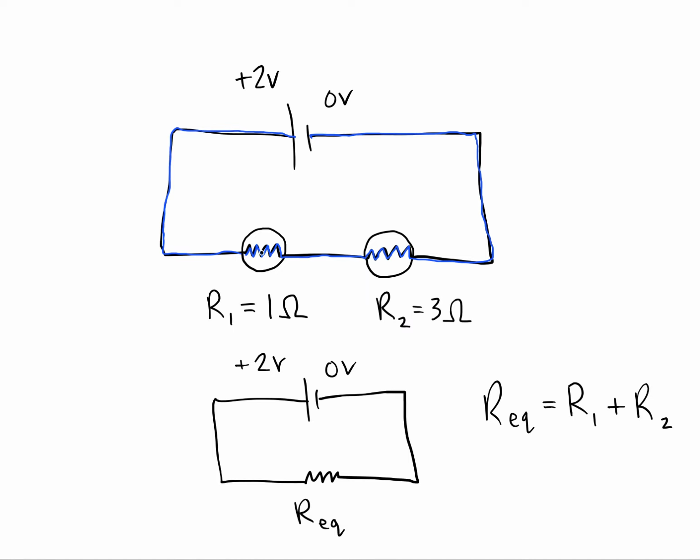But when it comes to resistors, the equivalent resistance is going to be more than either of the 2 resistors alone. So let's add them. It's 1 ohm plus 3 ohms. Our equivalent resistance is 4 ohms.